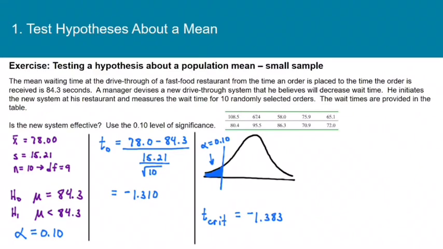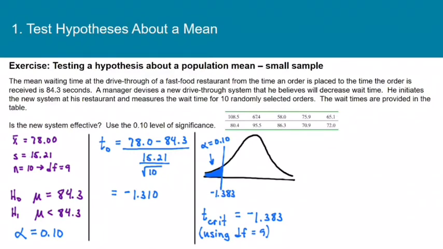Now again, I know the table gives you a positive t-score, but all of the t-scores in the table are positive. You have to be able to look at this diagram and know that this critical value is supposed to be negative because it's on the left side. So the critical value is negative 1.383. And let's just go ahead and label that critical value.